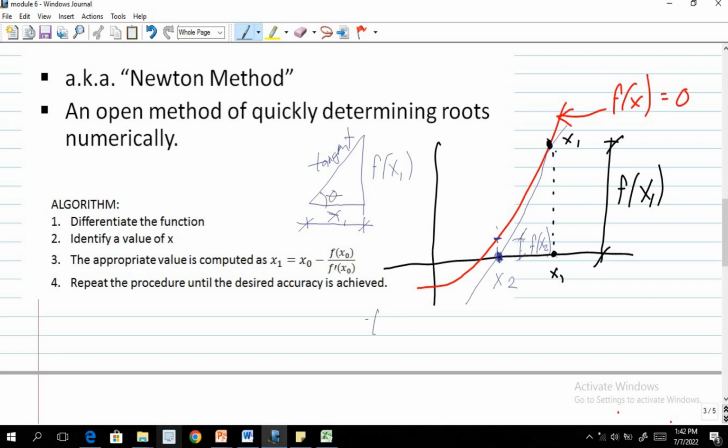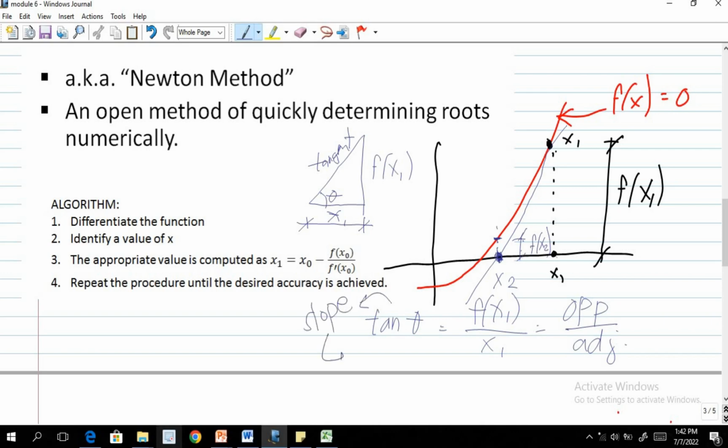From your trigonometry, the tangent of theta from this triangle is equal to function of x sub 1 over x1. Where did we get that? Tangent is equal to opposite over adjacent. We also learned that tangent theta is usually the slope.